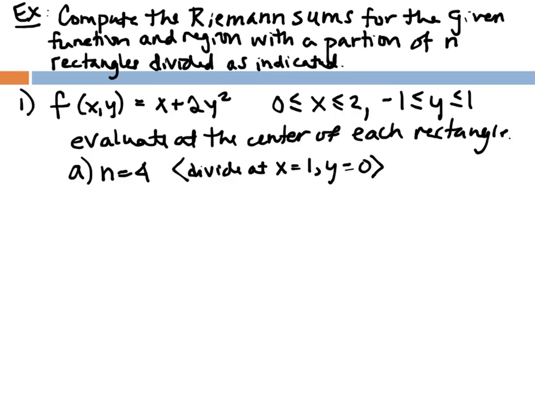So let me show you why I think that. The first thing we're going to do is draw a 2-dimensional shape of this rectangular region. So my rectangular region is supposed to go from x equals 0, which is the y-axis, out to x equals 2, and from y equals -1 up to y equals 1.